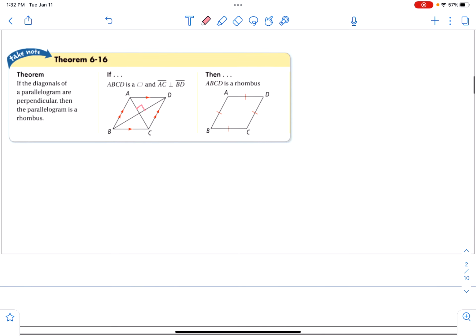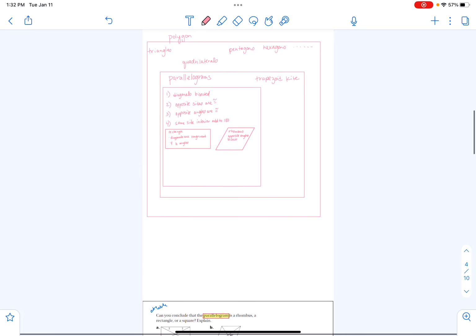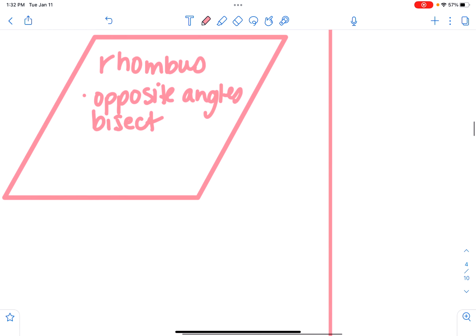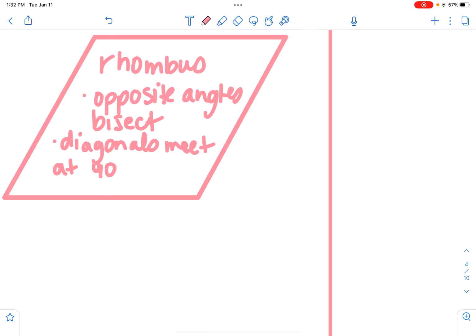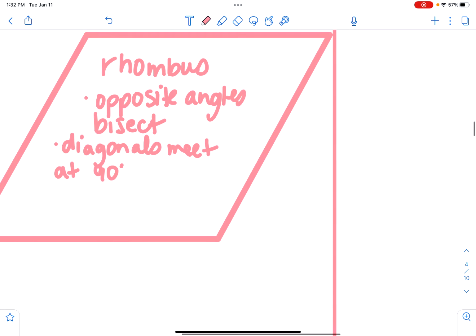And it also says that the diagonals meet at a right angle. Diagonals meet at 90 degrees. And then, of course, this is just the definition of a rhombus: all four sides are congruent.